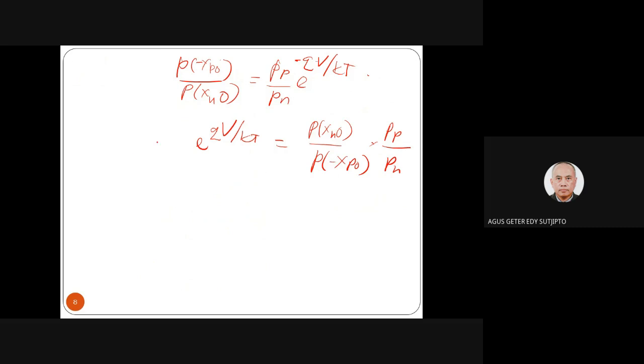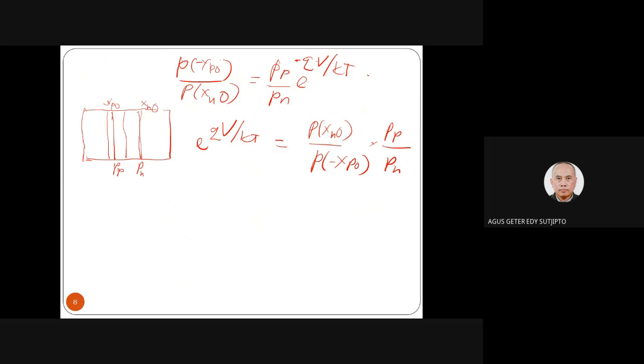We can illustrate it like this. Here is the changing of the concentration of holes, and this is the junction, and then we have xp0, minus xp0. This is pp, and this is pn, and then xn0, after applying the voltage.